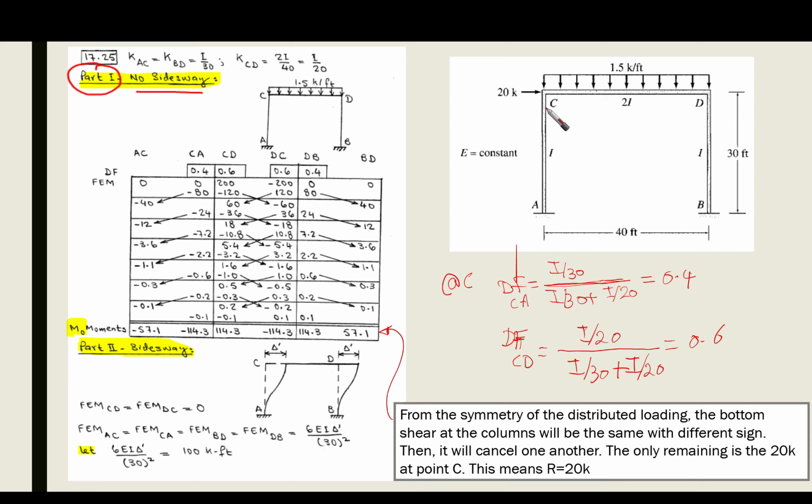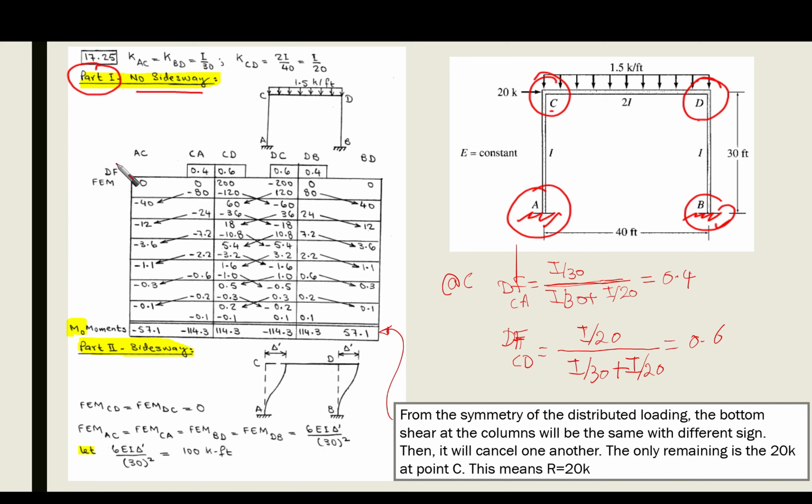First of all, the two points which are free to rotate are C and D, so we are going to use only C and D as our pivots in our table. Points A and B are fixed supports, so they are going to receive only carryovers, and nothing emanates from them. That's easy for us. Now we are going to balance and carry over for points C and D only.